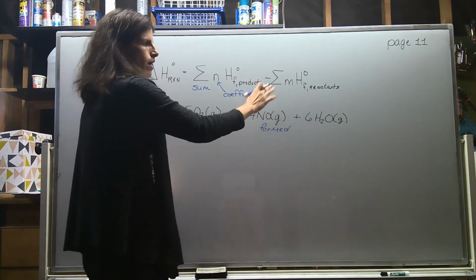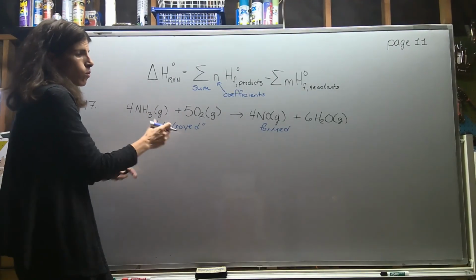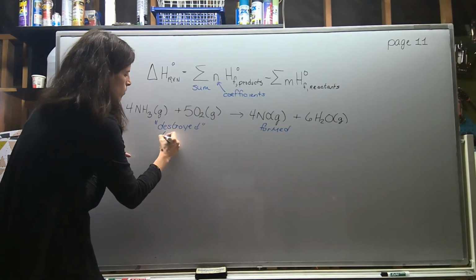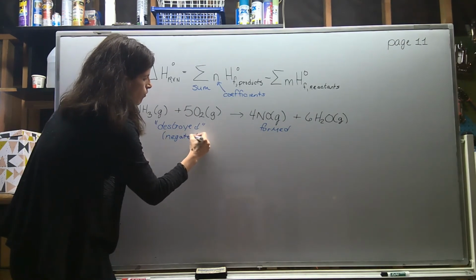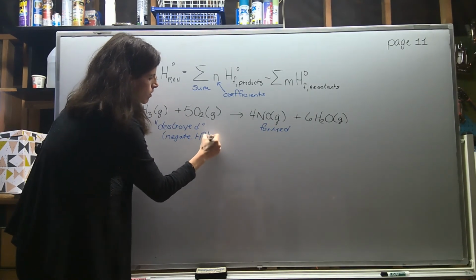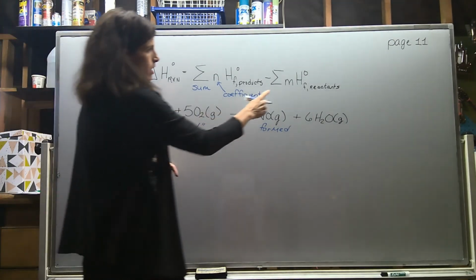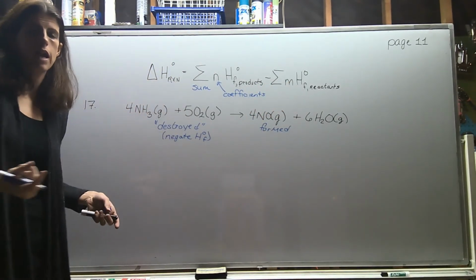So it's products minus reactants. That makes sense because we're not forming our reactants, we're destroying them. And that's why we have to negate the formation value because we're doing the opposite process. But the same thing, we're going to sum it up and also take the coefficients into account.